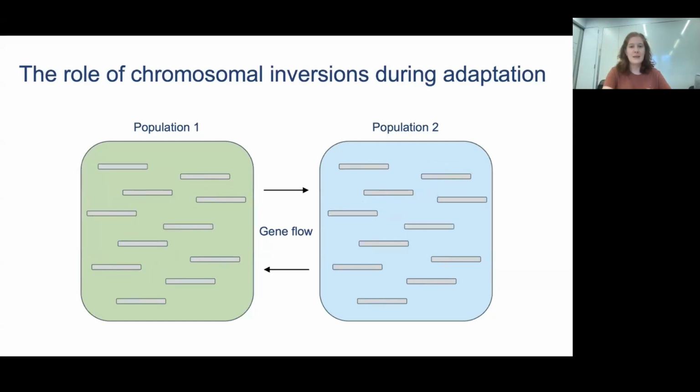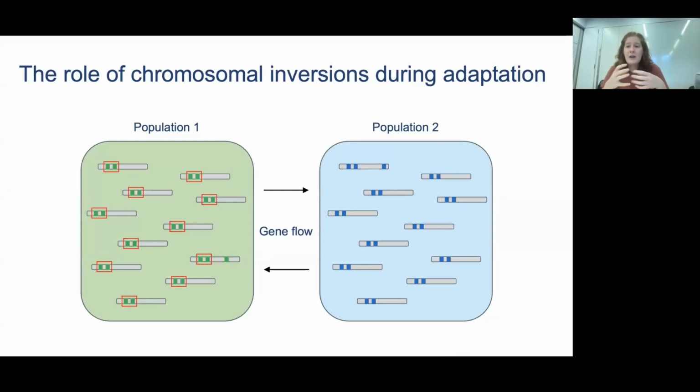So let's explain that. If we go back to the initial scenario, and an inversion arises in one population that captures locally adaptive alleles, it will prevent recombination and breakdown of these locally adaptive alleles into the other population in the presence of gene flow. And so this inversion will be selected for and spread in the population.